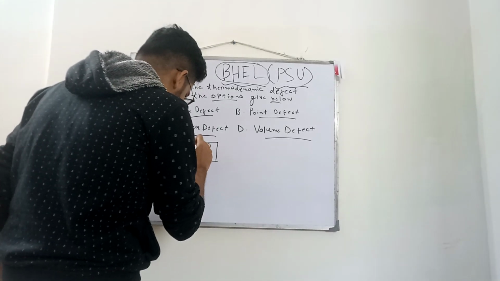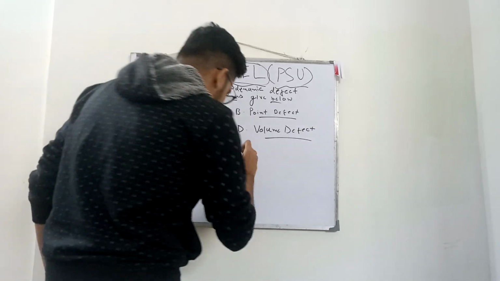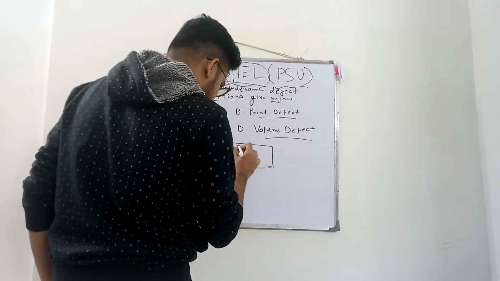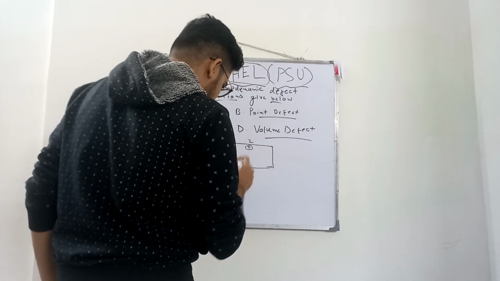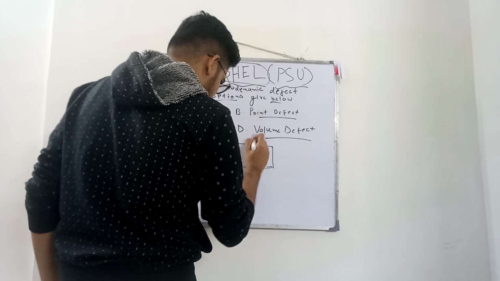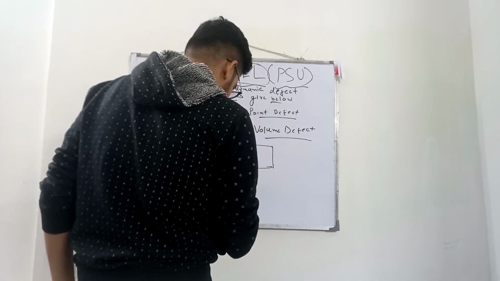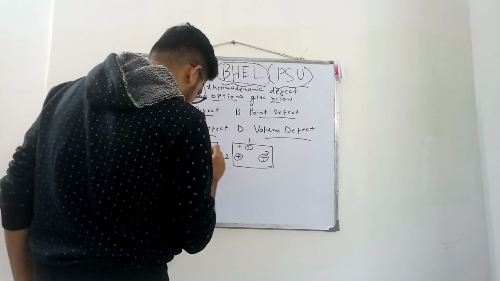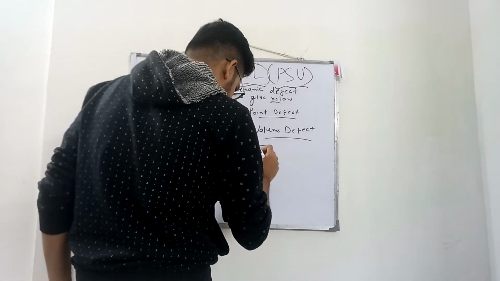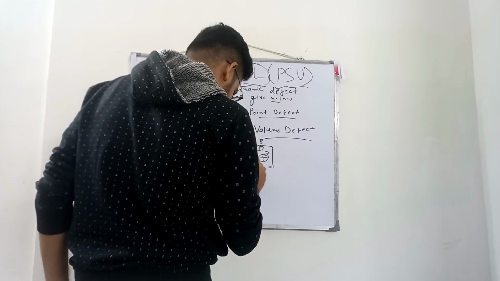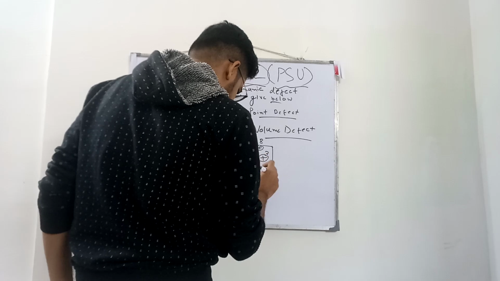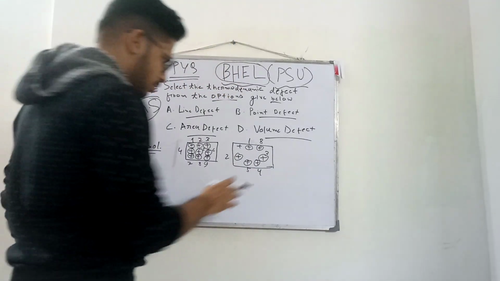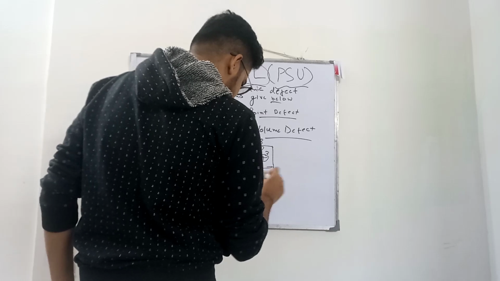Suppose this is atom 1, this is atom 2, and this is atom 3, and the other atoms are 4, 5, 6, 7, 8, 9.